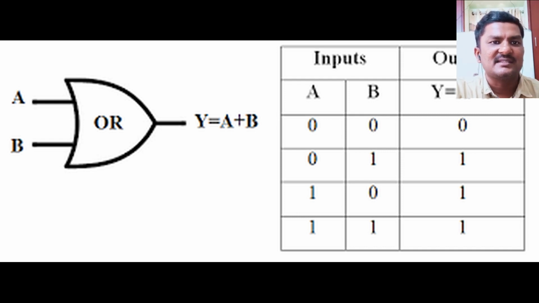Next, third case. If A is closed and B is open, there is a flow of electric current through this circuit and bulb glows. So, if A equal to 1, B equal to 0, the value of Y equal to 1.